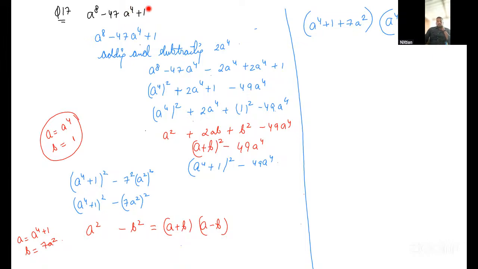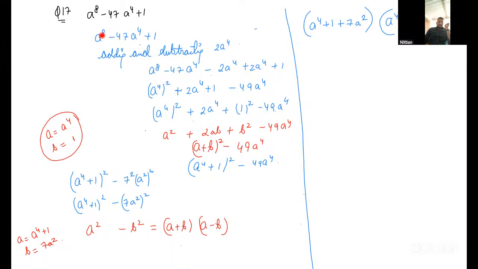Okay. Now in this question, I did a step. Why did I do a step? See, guys, I'm seeing that 47 is a number which is not a perfect square. Nothing is there. So what I did, I added plus 2a4 and minus 2a4. Why did I do this?